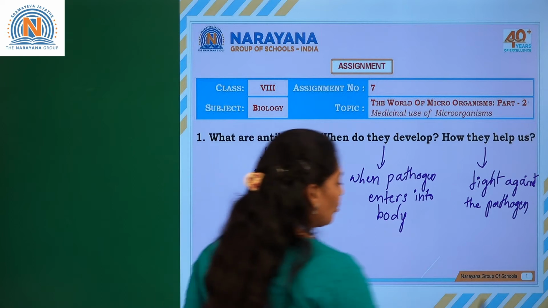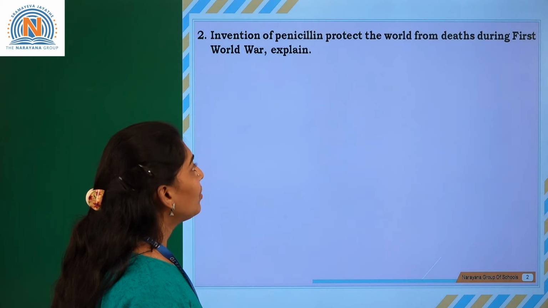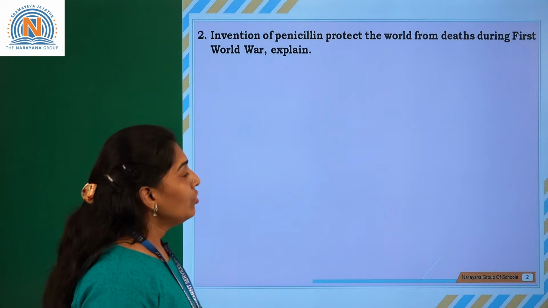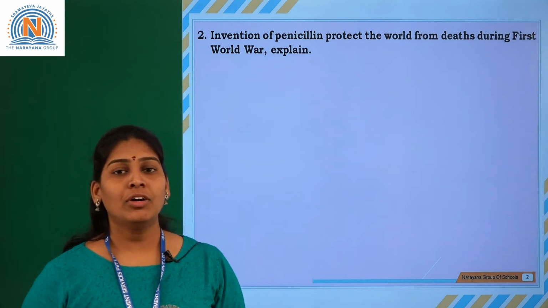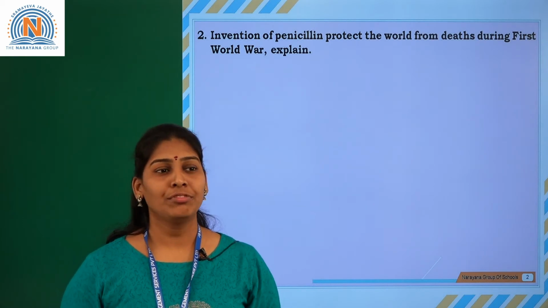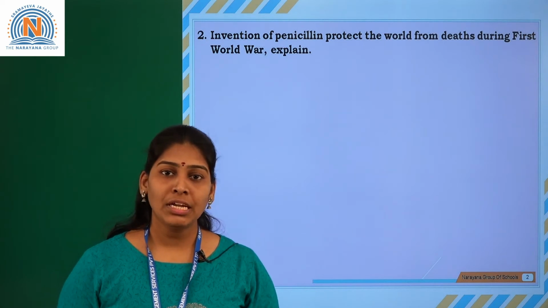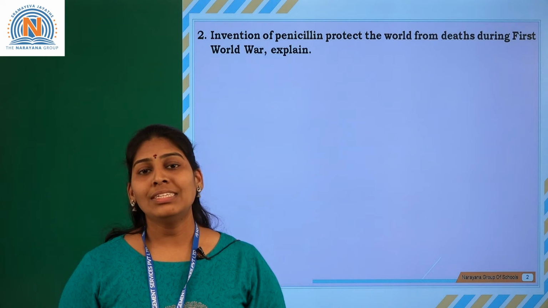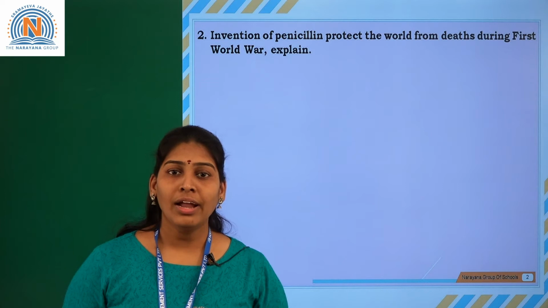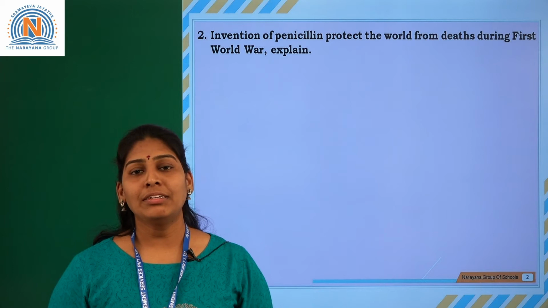Let us go to the next question. The next question is: invention of penicillin protected the world from deaths during the First World War. Explain. During the First World War, many soldiers died because of infections of wounds, bacterial infections. Alexander Fleming, one of the scientists, used to work on antibiotics. He took one of the fungi and used it for treatment of bacterial infection.